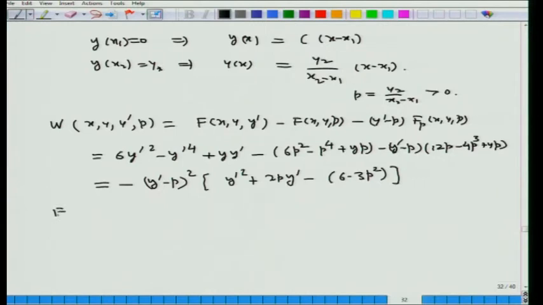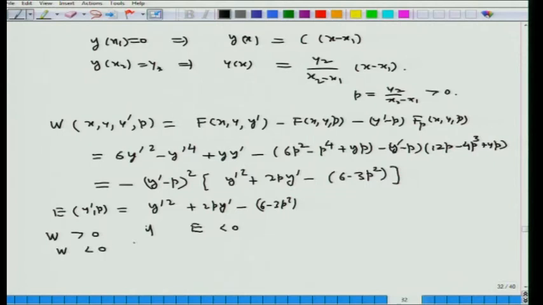If we denote the expression in the bracket as E, which is a function of y prime and p only, that is y prime square plus 2 p y prime minus 6 minus 3 p square, then we have to check this. W will be positive if E is negative, and W will be negative if E is positive.